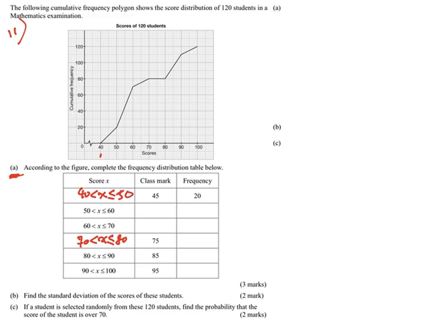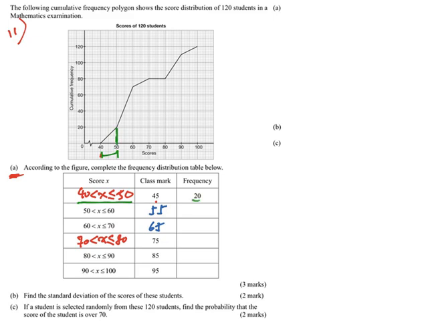And then for class mark, actually it is the middle. You can see 45. That means 50 plus 60 divided by 2, so it's 55, so it's 65, easy as well. Next one is about the frequency for each group. So between 40 to 50, it is 20 from here.